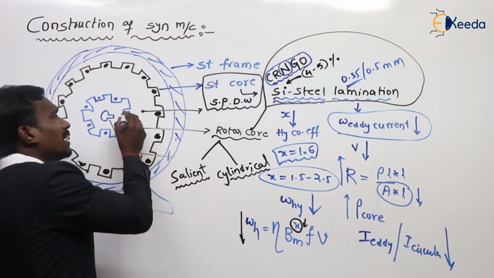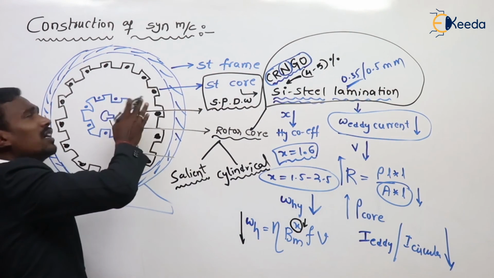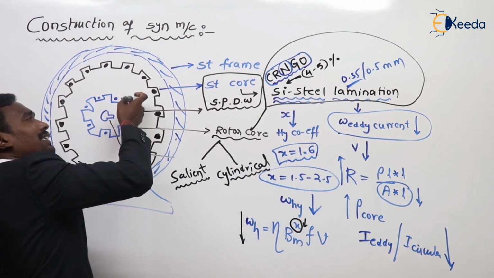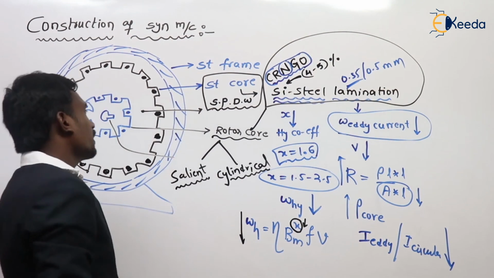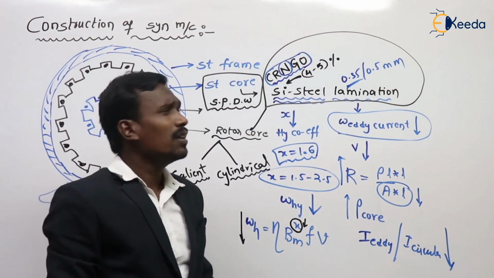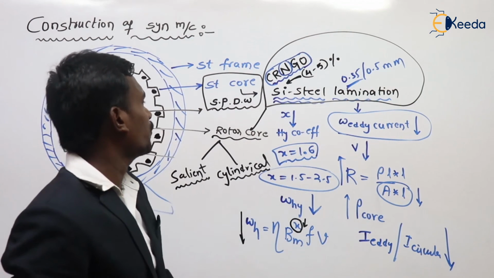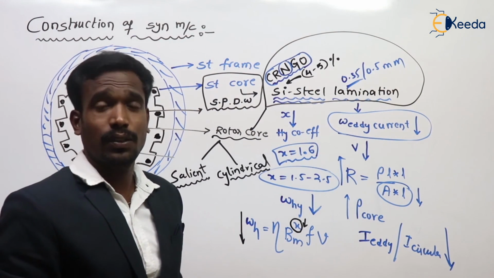And here the rotor outer periphery is slotted for winding, while the stator inner periphery is slotted. This is the construction point of view of stator and rotor cores. Right?